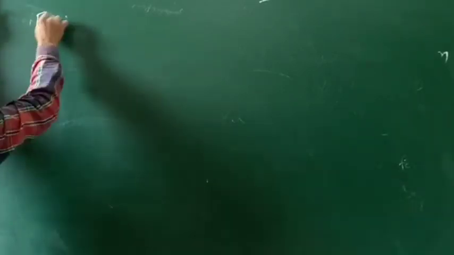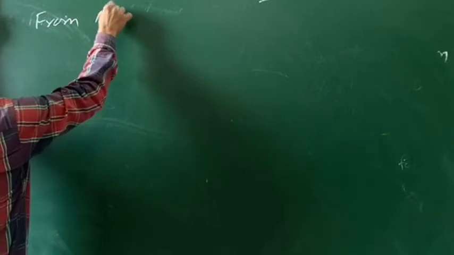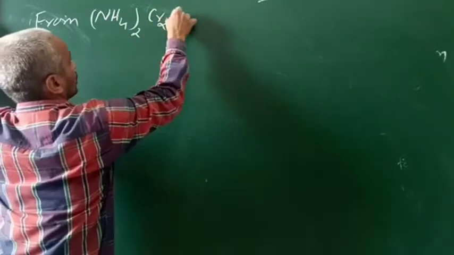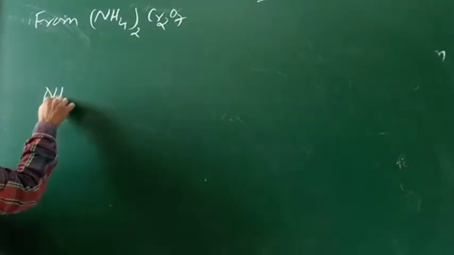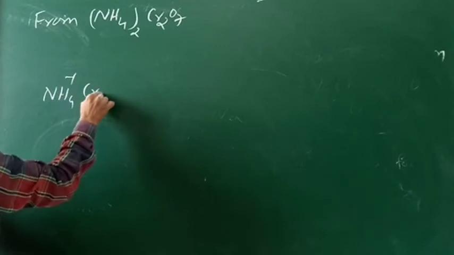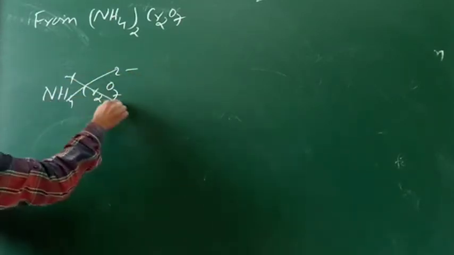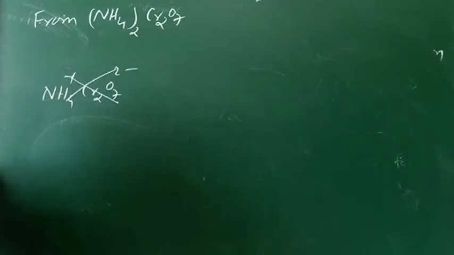Next one is from ammonium dichromate, (NH4)2Cr2O7. This is ammonium dichromate, NH4+ and Cr2O7 2-. So this compound will be there.